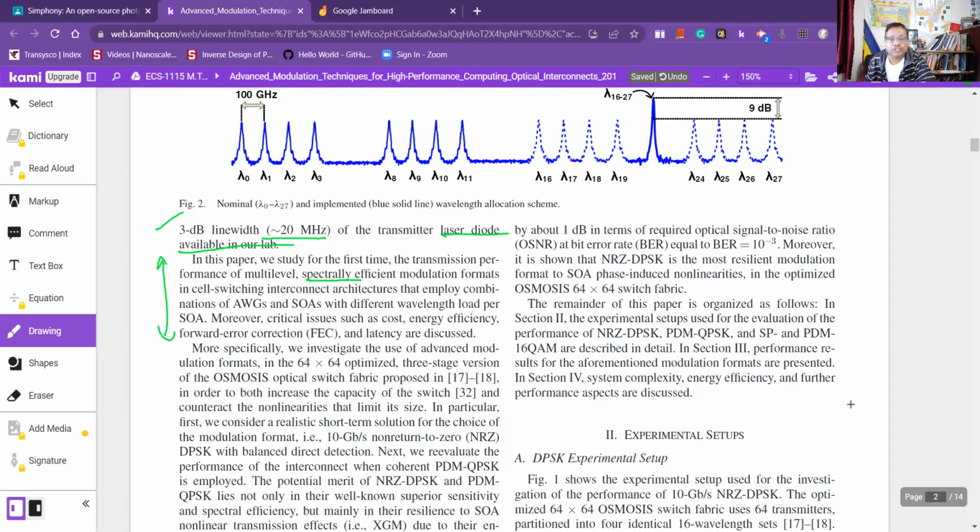Spectrally efficient modulation formats in cell switching interconnect architectures that employ a combination of AWG and SOA, meaning arrayed waveguide gratings and semiconductor optical amplifiers, with different wavelength load per semiconductor optical amplifier. Moreover, critical issues such as cost, energy efficiency, forward error correction, and latency are discussed. So these are the reporting items as far as this paper is concerned in a gist.